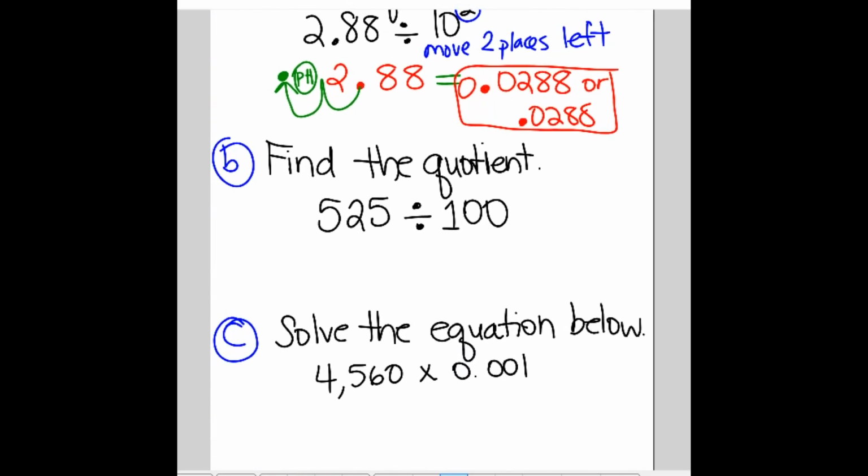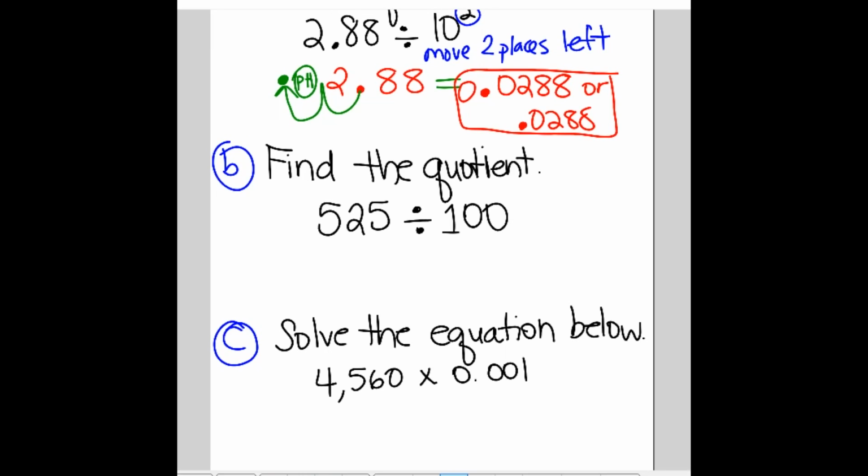Find the quotient. 525 divided by 100. So in this case, we're still going to be moving our decimal left, but there's no decimal there, right? So what we'll do is we're going to place a decimal at the end of the number. So start here.